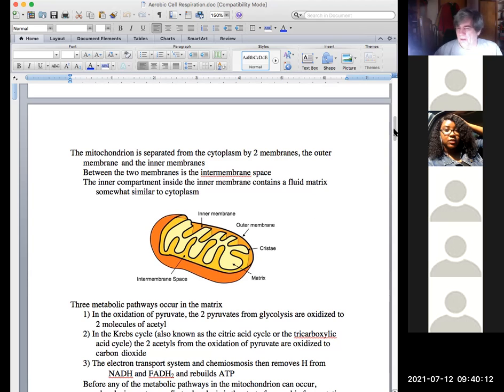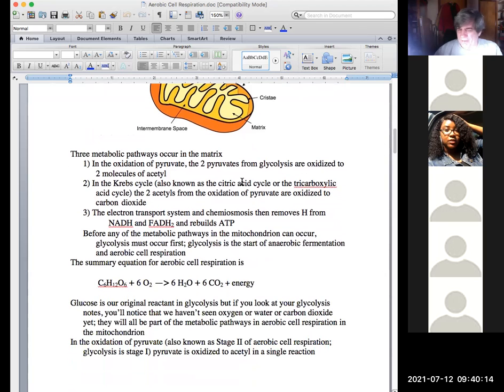And when we look in here, we're going to have three metabolic pathways that occur in the matrix or along the inner membrane. And the first one is the oxidation of pyruvate. Remember, that's our first reactant. Then we're going to go through the Krebs cycle, which is also called the citric acid cycle, and sometimes also called the tricarboxylic acid cycle.